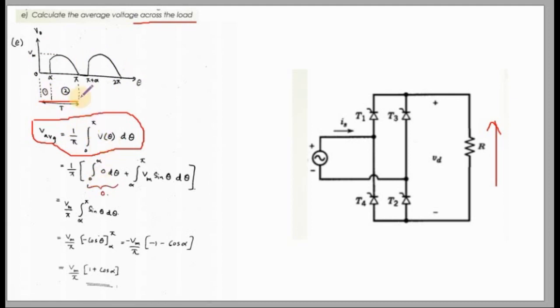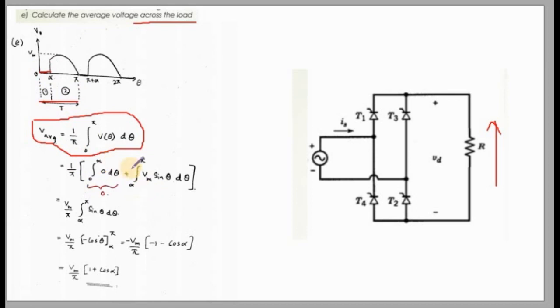This is a complex waveform, so you have to divide it into two. This is the first part and this is the second part. In the first part, voltage is 0 from 0 to alpha.